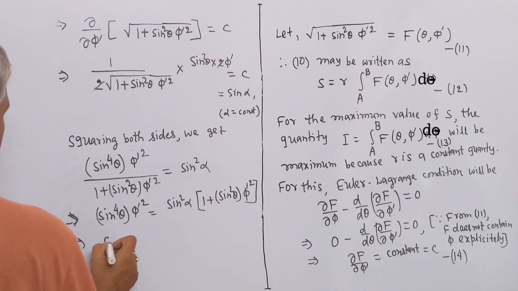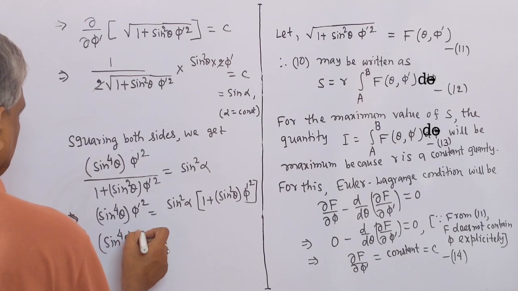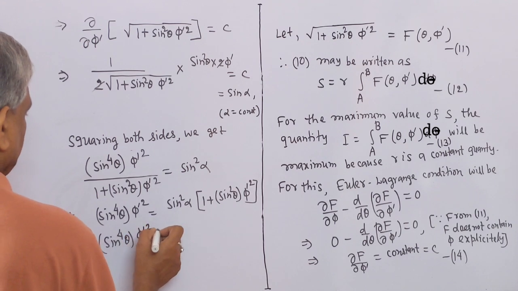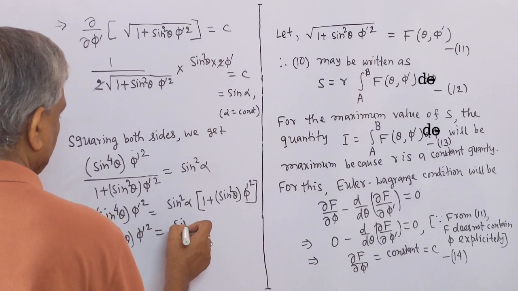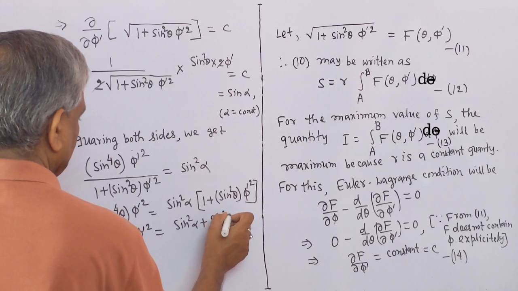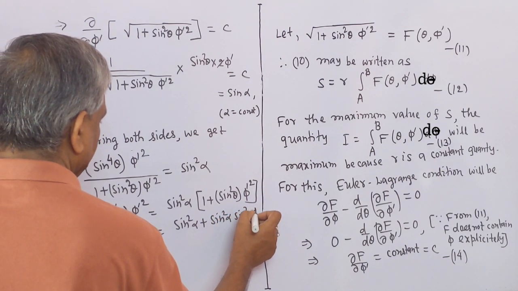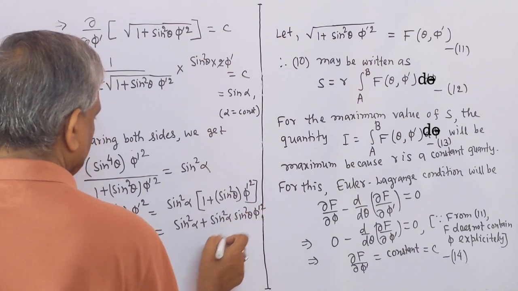Implies that sin to the power 4 theta phi prime square equal to sin square alpha plus sin square alpha sin square theta phi prime square.